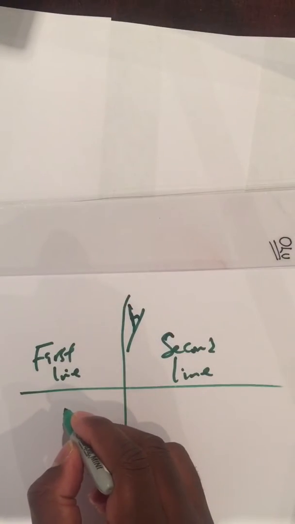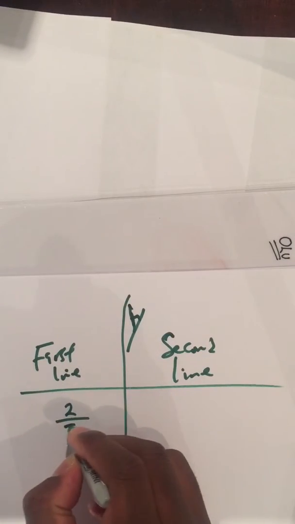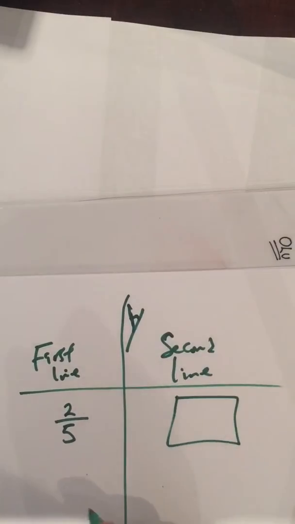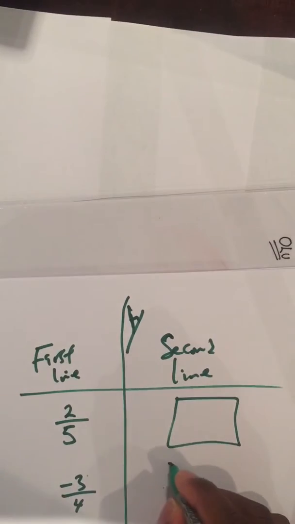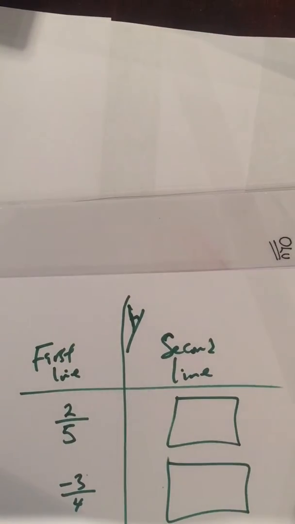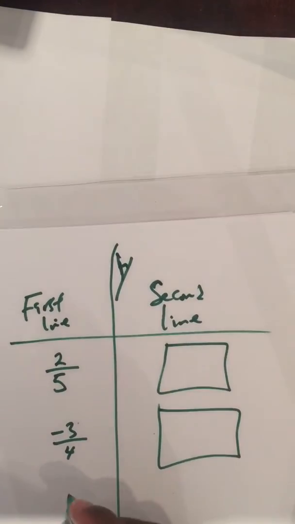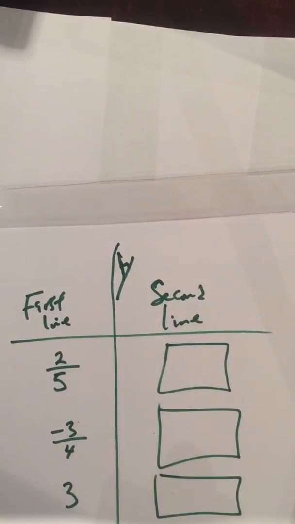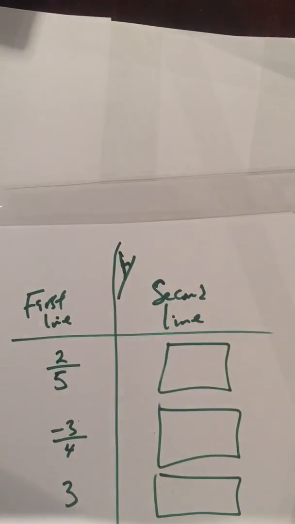If the gradient of this line is 2/5, what will be the gradient of the second line? If the gradient of the first line is -3/4, what will be the gradient of the second line? If the gradient of the first line is 3, what will be the gradient of the second line? If the gradient of the first line is -11, what will be the gradient of the second line?